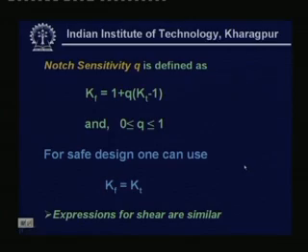Now, this notch sensitivity is expressed very commonly by a term small q and is defined through this expression Kf equals q Kt minus 1, and the value of q normally lies between 0 and 1.